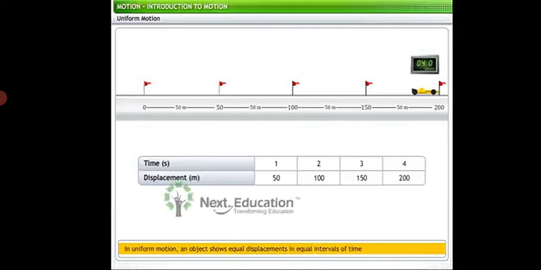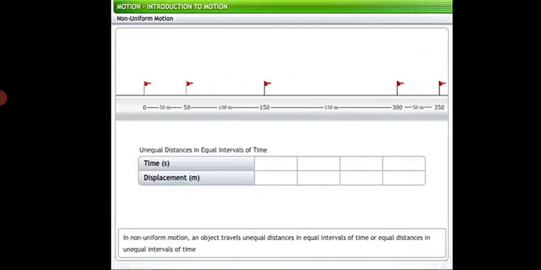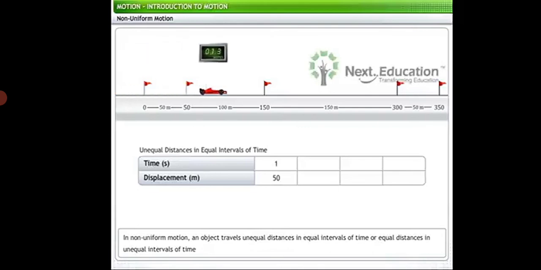An object is said to be in uniform motion if it shows equal displacements in equal intervals of time, however small these intervals may be. Now, let us observe the red car in the race and record how far it moved from the starting line for each second of motion.